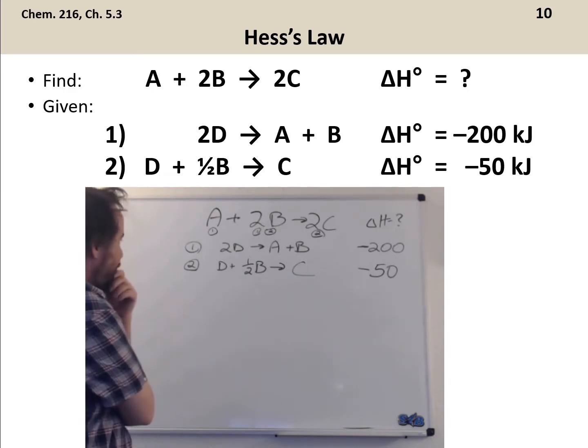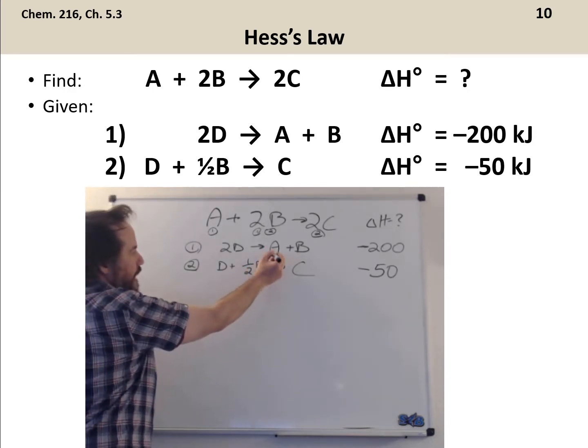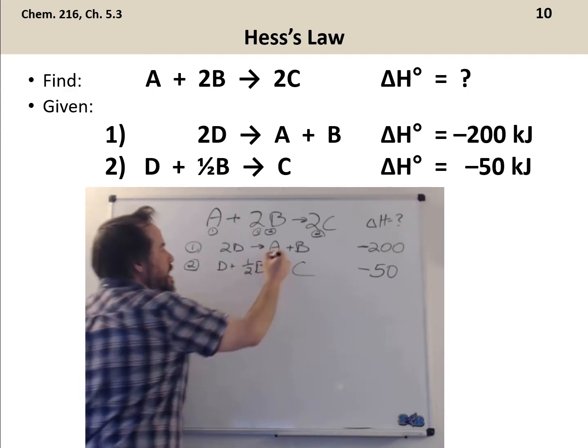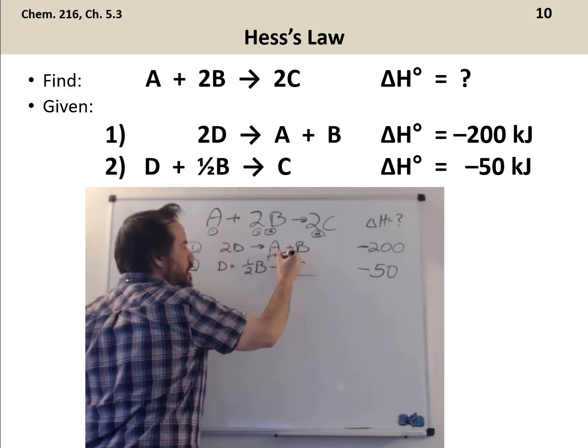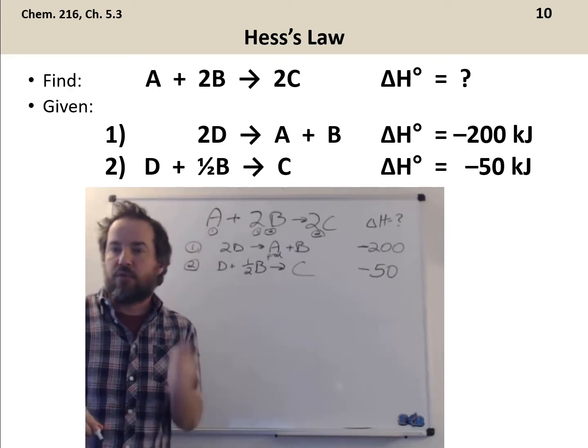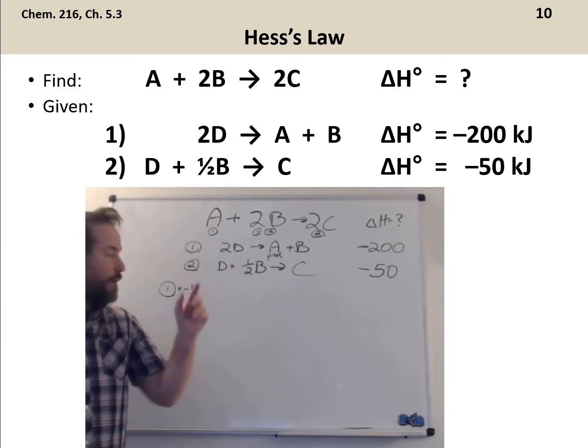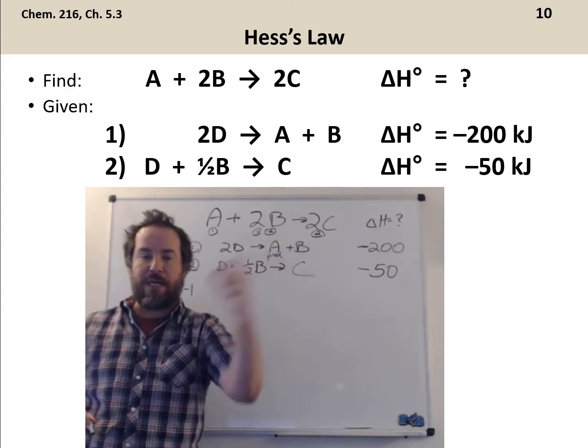All right, so let's try to manipulate number 1 to get 1A as a reactant. Right now I have 1A here, but notice here it's a product. I want it as a reactant. So what do I have to do? I need to take number 1 and flip it. I'm going to put -1, that means flip it.